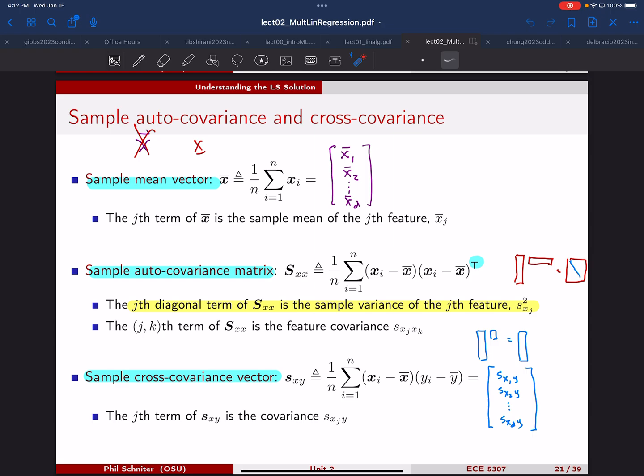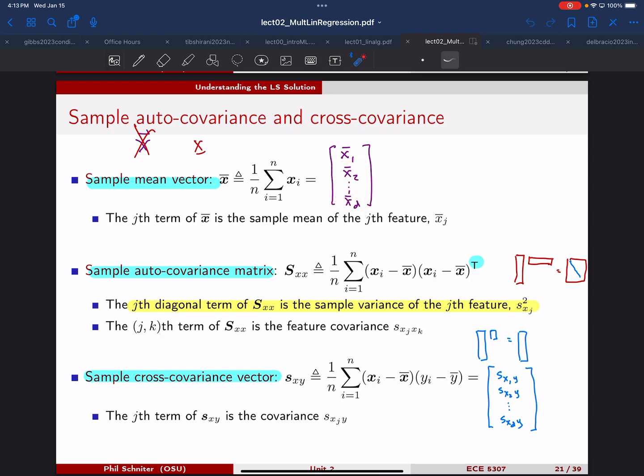So we actually will need to consider the sample mean vector. So these are our features for the ith training example. Here we're having the average over our different training examples. We get x bar the vector. If you look inside, you'll see the sample means for each of the features individually.